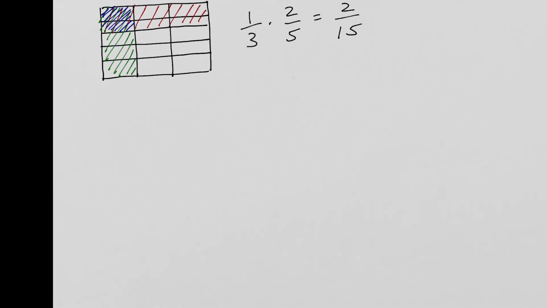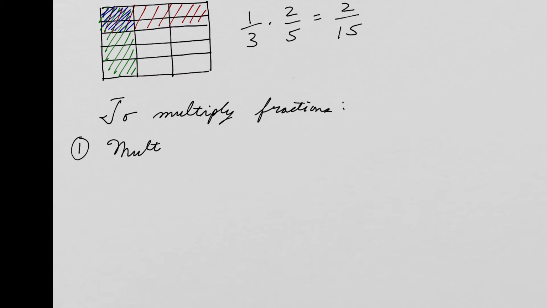So here are the rules. To multiply fractions, you multiply the numerators, multiply the denominators, and then simplify.